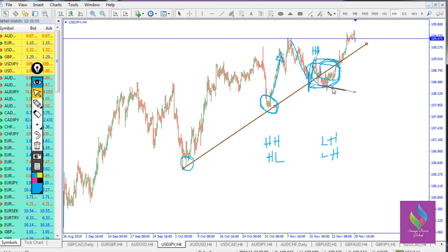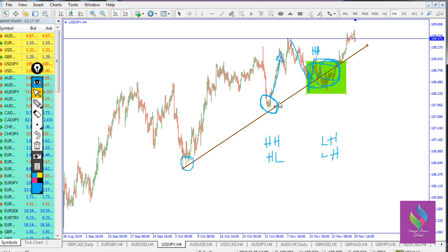Okay, let me take this out and use this. All this area, what happened there? These are areas where the big guys are there to steal your money. They want to create an illusion for you that the market is going to go the other direction. The trend line is no more expected. Once the trend line is not respected anymore, the market makers take advantage of it to actually reap traders of their hard-earned money.